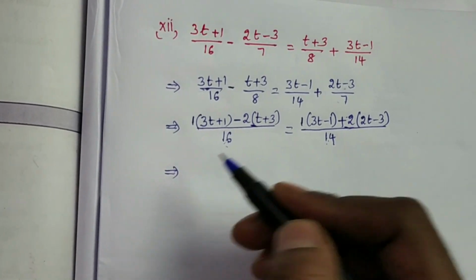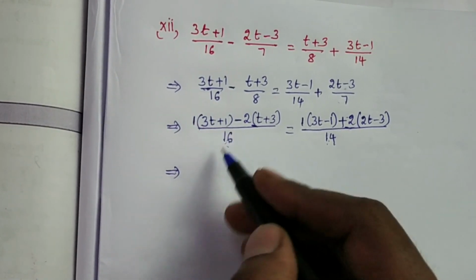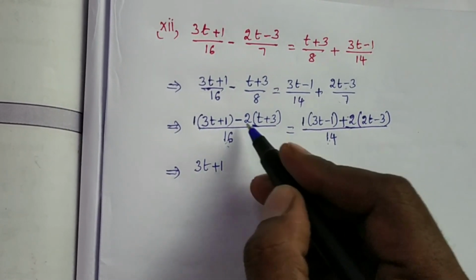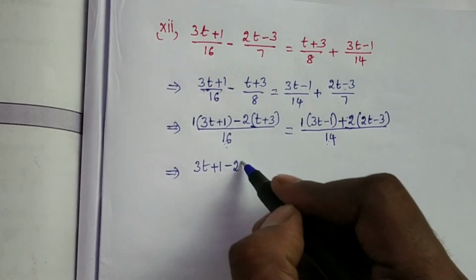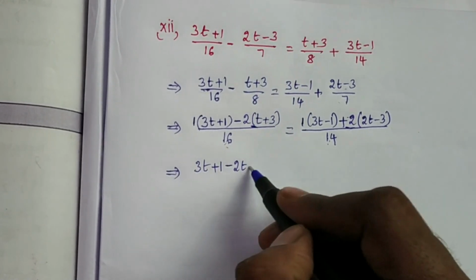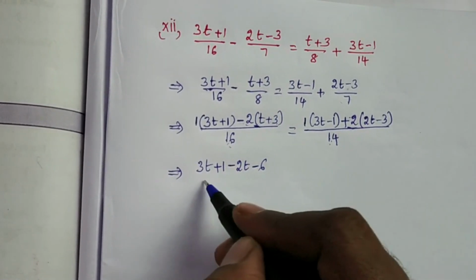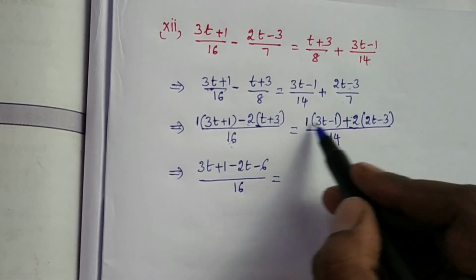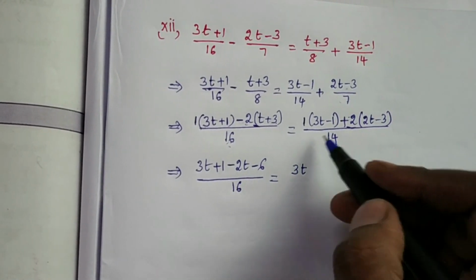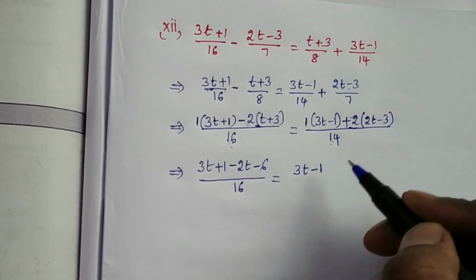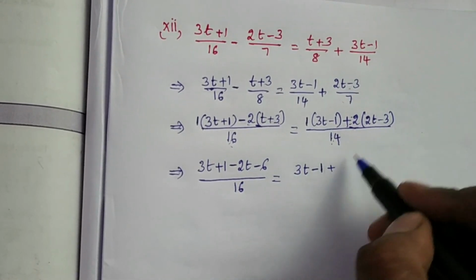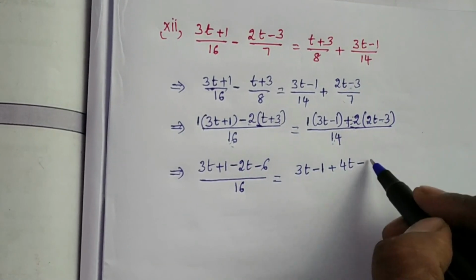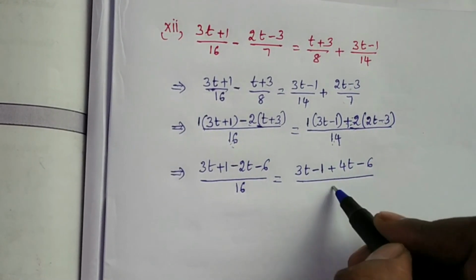that implies, simplify this one, 1 into 3t, 3t plus 1 into 1, 1 minus 2 into t, minus 2t, minus into plus minus, 2 3s are 6 by 16 is equals to 1 into 3t, 3t, 1 into minus 1, plus 2 into 2t, that is 4t, plus into minus, 2 3s are 6 by 14.